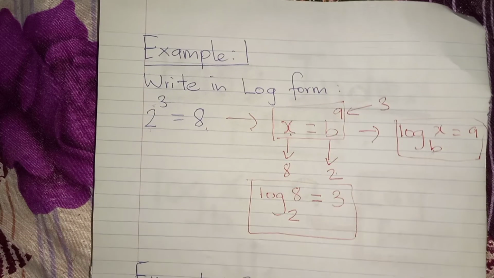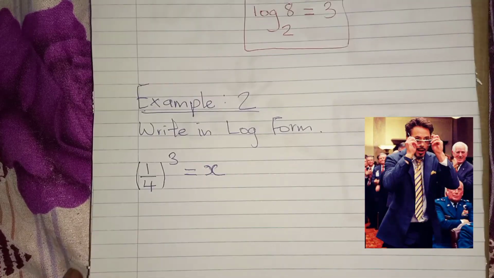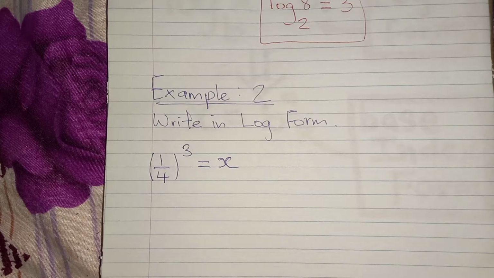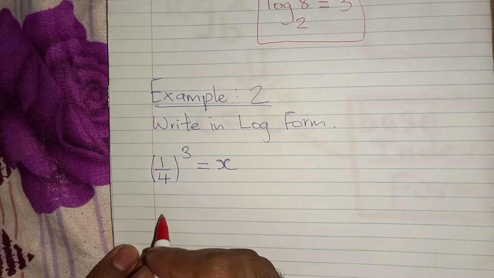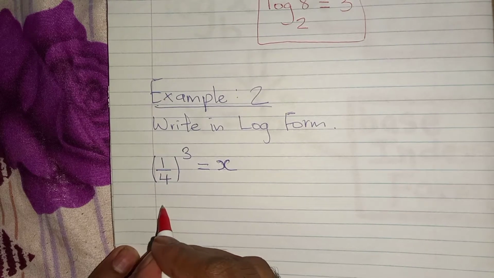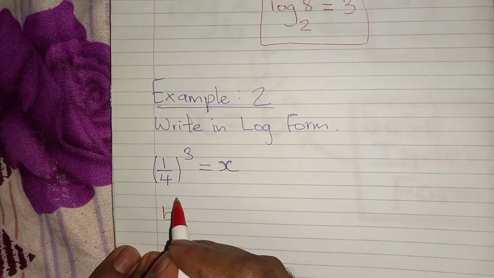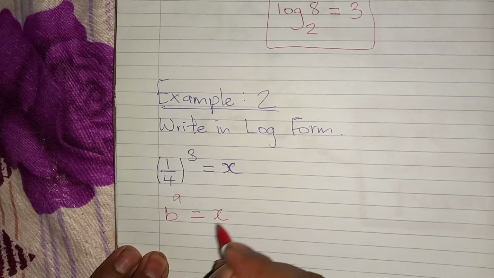Okay, let's do another example. You have 1 quarter raised to the power 3 is equal to x. So this is in base index form, right? 1 quarter is the same as b, and 3 is the same as a, is equal to x.